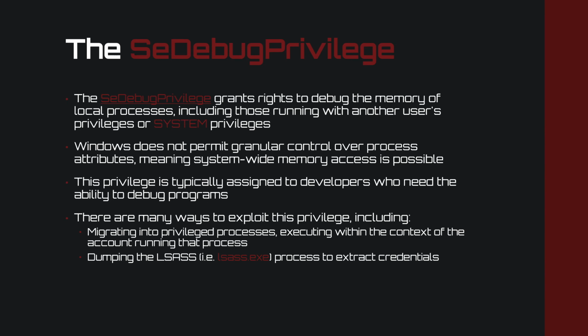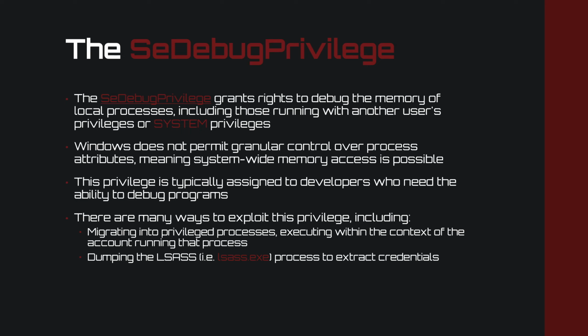However, because Windows does not permit granular control over its process attributes, this privilege allows for system-wide memory access, enabling us to debug programs owned by other users, and even those owned by the local SYSTEM account. Therefore, if we possess this privilege, we have the authority to access the memory contents of such processes and even manipulate them to inject custom functionality.